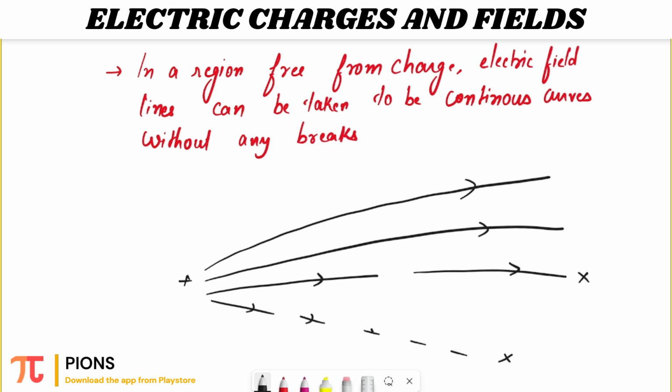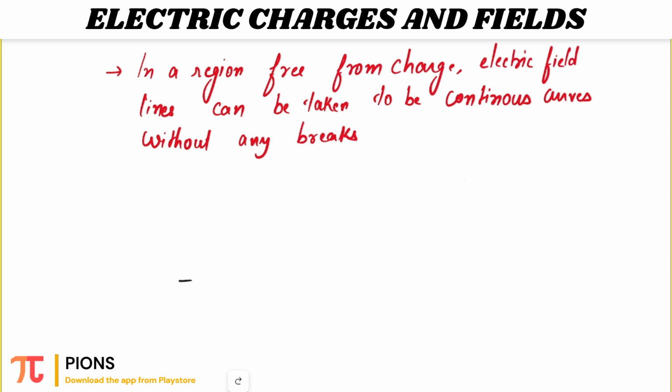Though they are going away from the charge, there are breaks in between. So breaks are not possible if there is no other charge. If there is another charge, as we have seen in a dipole, we will see that later again. So this is another property of electric field lines.